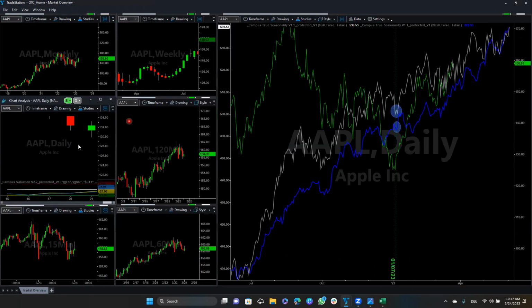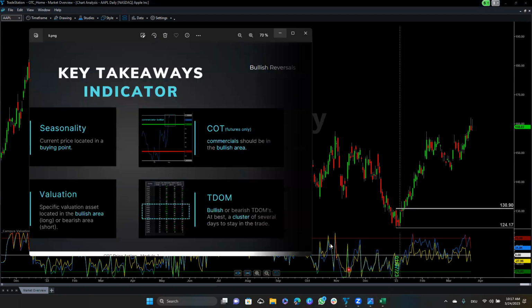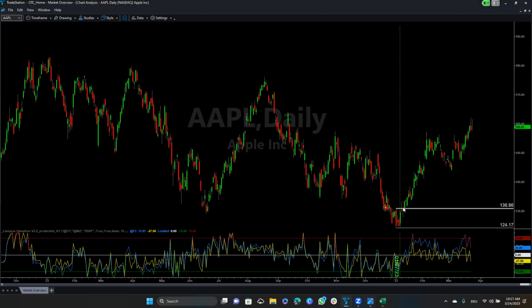Okay, now let's check the trading day of the month. Bullish or bearish trading days of the month. At best, a cluster of several days to stay in the trade, of course, right? The best of the best is that after the 7th of January, we will get bullish days, or also a cluster, to expect more strength.